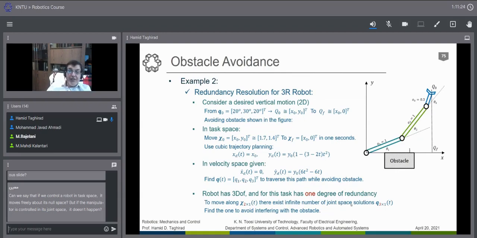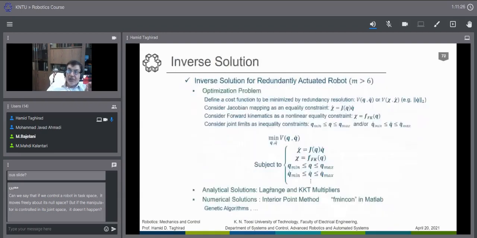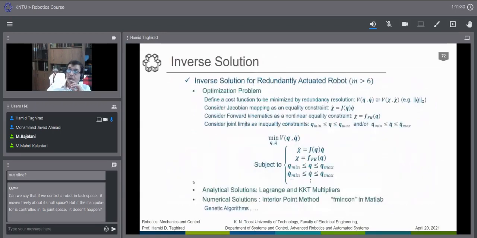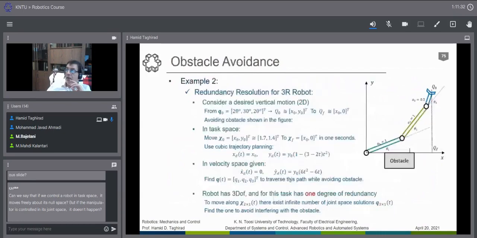But for now, we just consider the first objective. Consider that we would like to do obstacle avoidance. We would like to avoid this obstacle. How to do that? We should define an optimization problem, and in the optimization problem, we should find the Q, the cost function here.